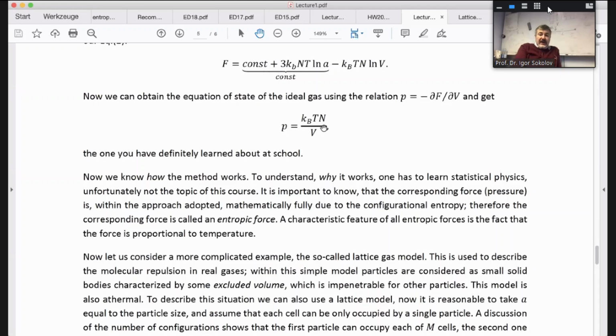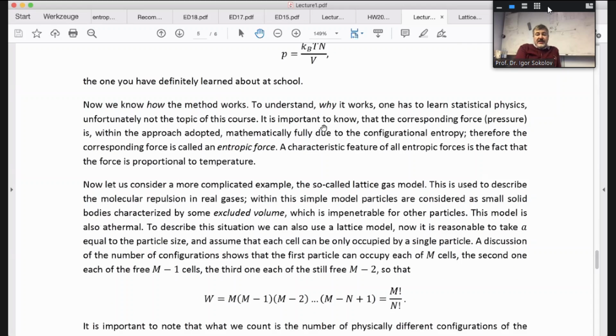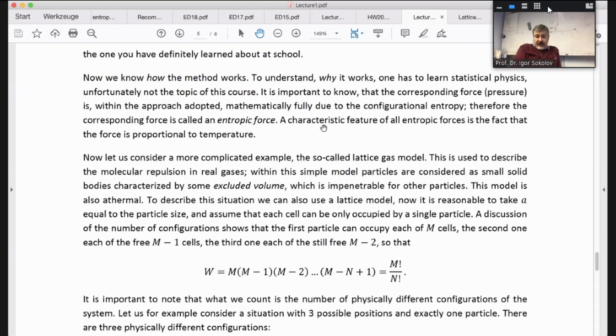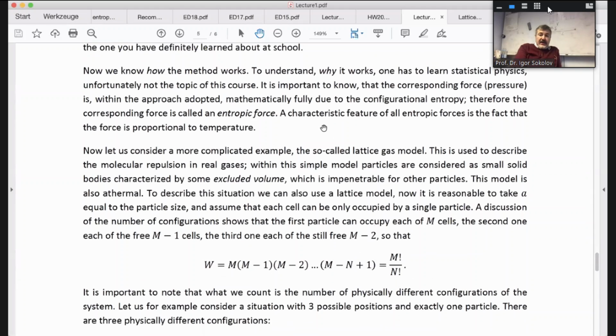Now, let us consider some other things, namely the model which we will use afterwards continuously as an approximation, and this is the so-called lattice gas model. Before we consider the lattice gas model, we will consider something else, and you will first play a little bit yourself with very simple exercises, and we will discuss them.